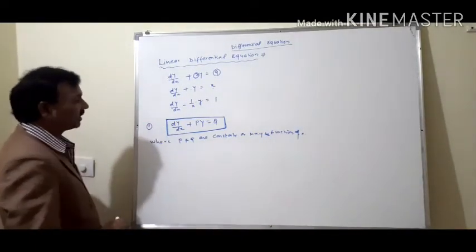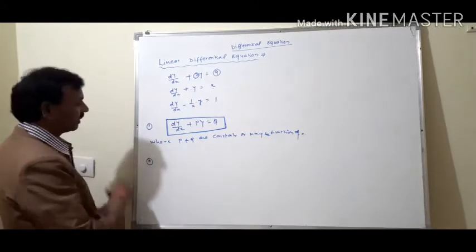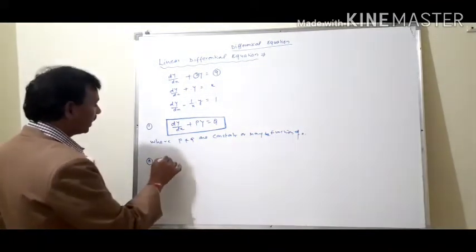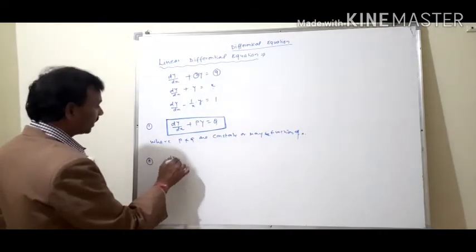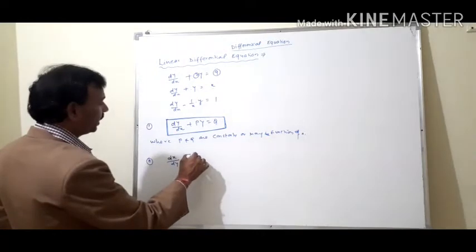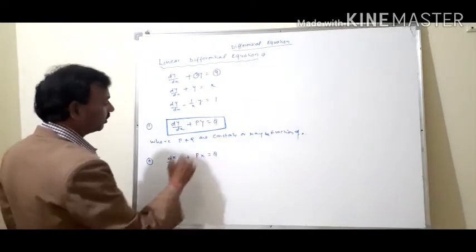Now we will see the second type of linear differential equation, not very different, the only difference is dx upon dy plus p x equal to q.